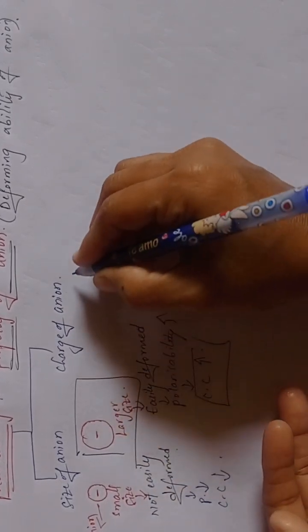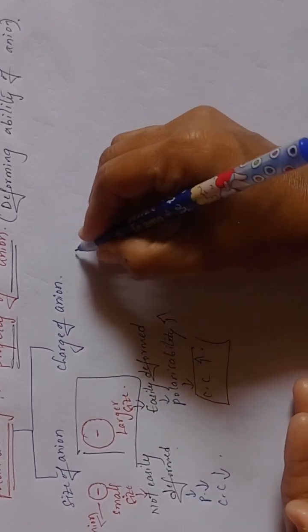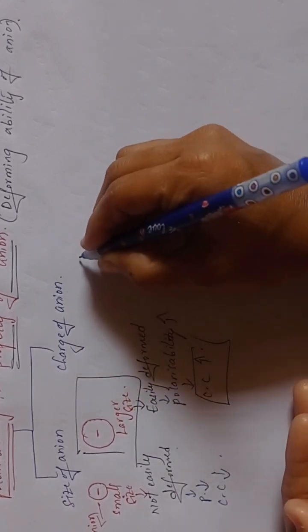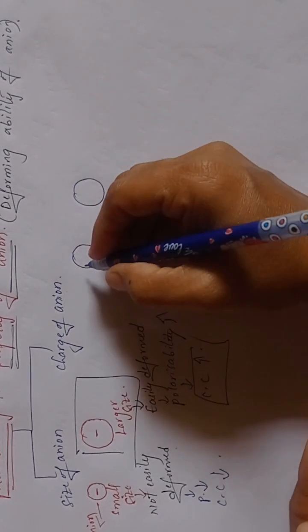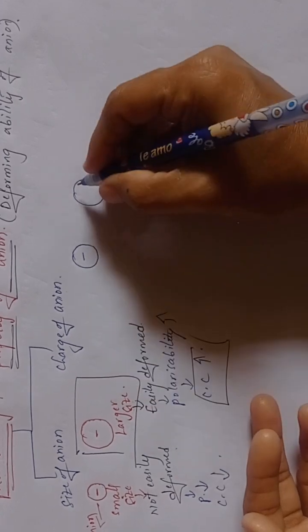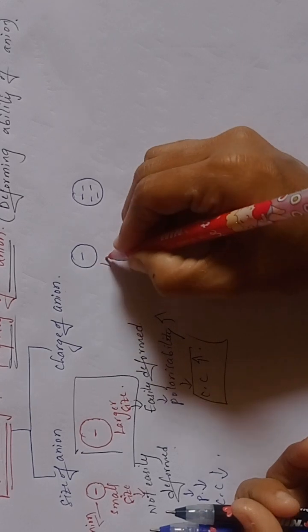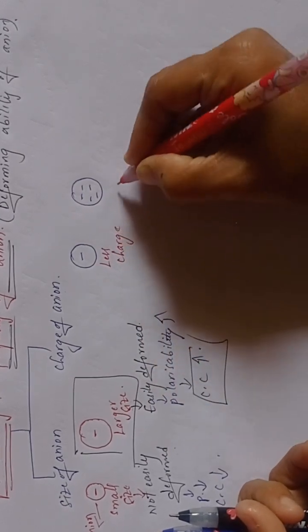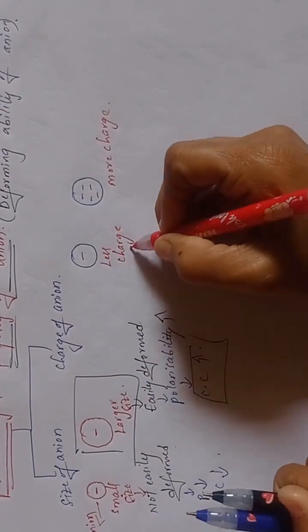Now coming to the charge of anion. In the charge of anion, I am taking one example. This anion has less charge, this one has more charge.